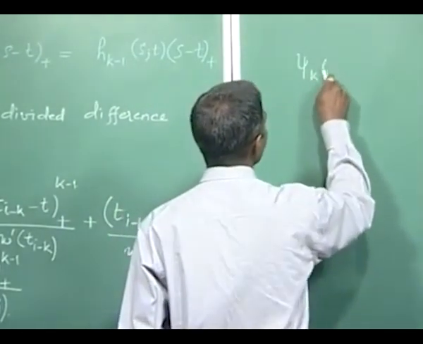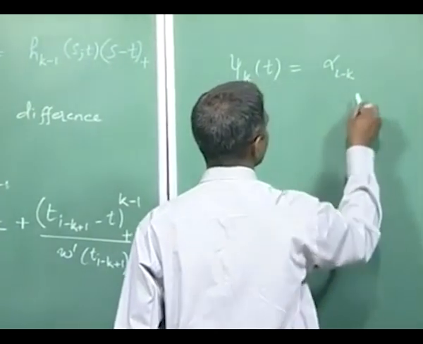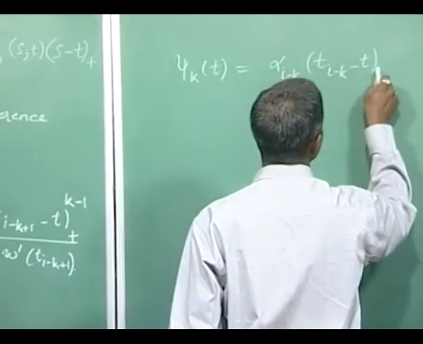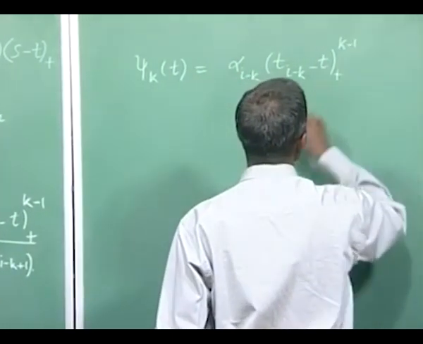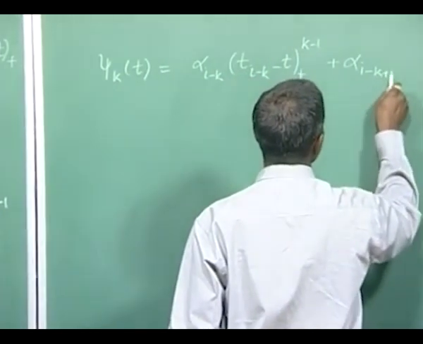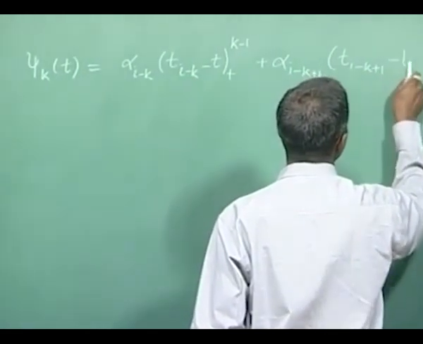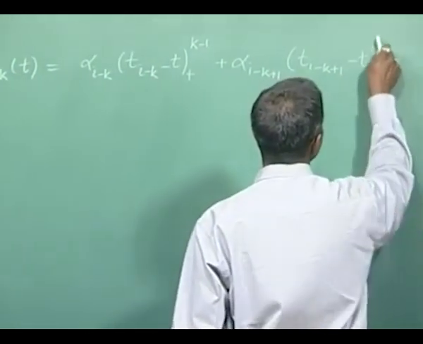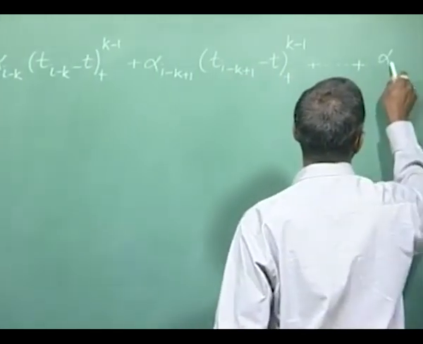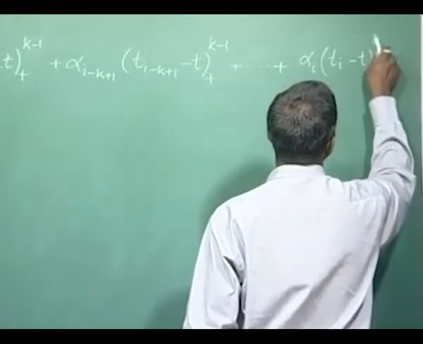So psi_k(t) equals alpha_{i-k} (t_{i-k} minus t) truncated, k minus 1, plus alpha_{i-k+1} (t_{i-k+1} minus t) truncated, k minus 1, plus alpha_i (t_i minus t) truncated, raised to k minus 1.